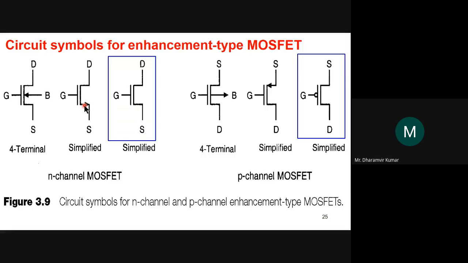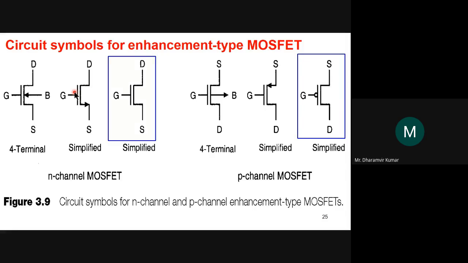Similarly in MOSFET, the arrow will always be on the source terminal, and there is a gap between gate and this channel. This is the channel that is connecting the source and drain. This layer represents the MOS layer: the first line is for metal, the gap between two lines is the oxide layer, and the second line is the semiconductor or the channel. So this structure is symbolic of MOS.